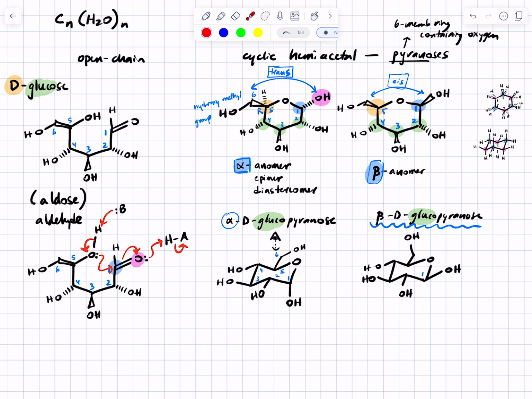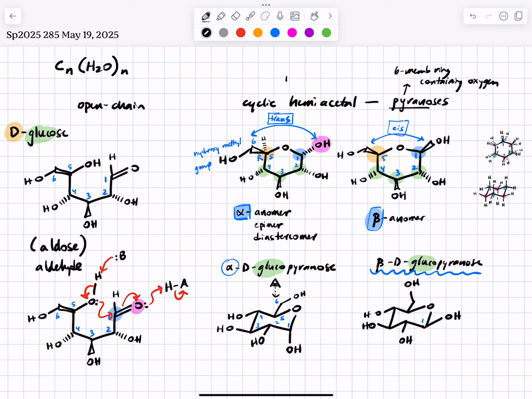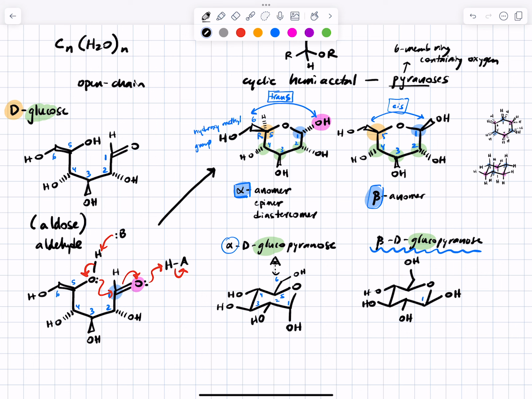What is a cyclic hemiacetal? Well, a hemiacetal in general is an aldehyde where an OR group has attacked the aldehyde and the tetrahedral intermediate got protonated. In other words, it's this deprotonation, addition, and then protonation steps all in one to get to this hemiacetal.